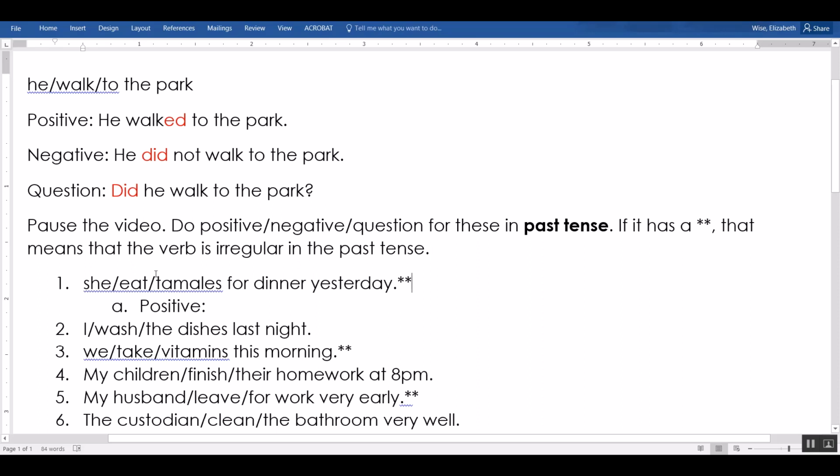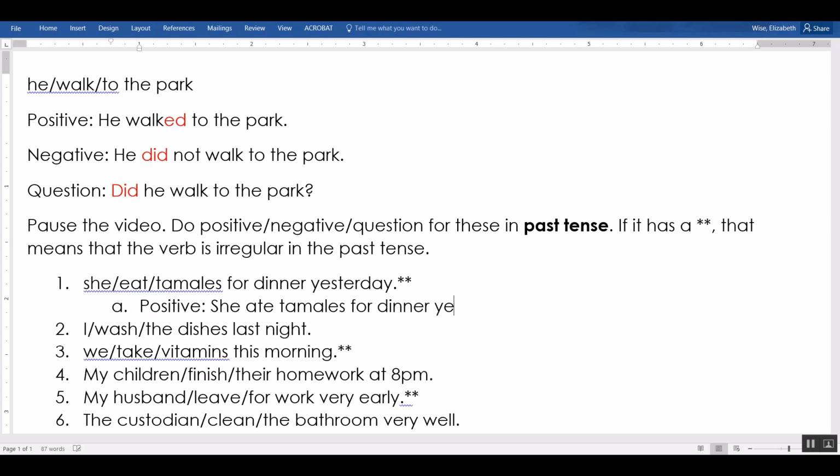I gave you a list earlier in the video. You can go back and look at your list. So remember the past of eat is ate. So we would say she ate. It's irregular. Tamales for dinner yesterday. And now you need to do the negative and the question.